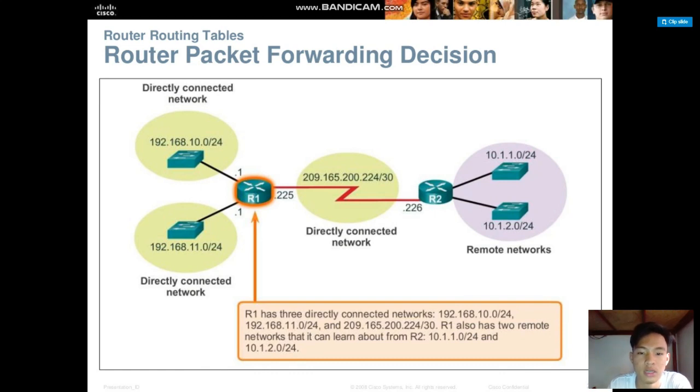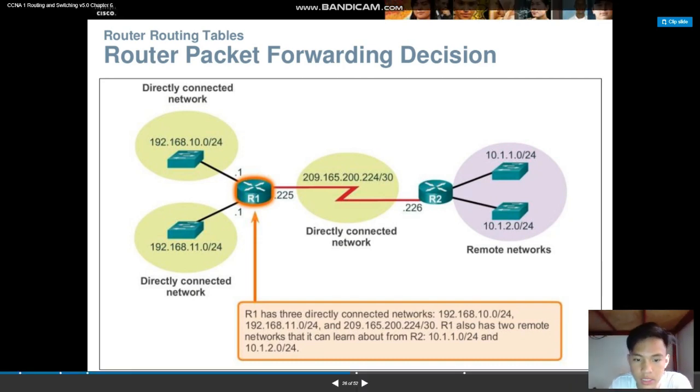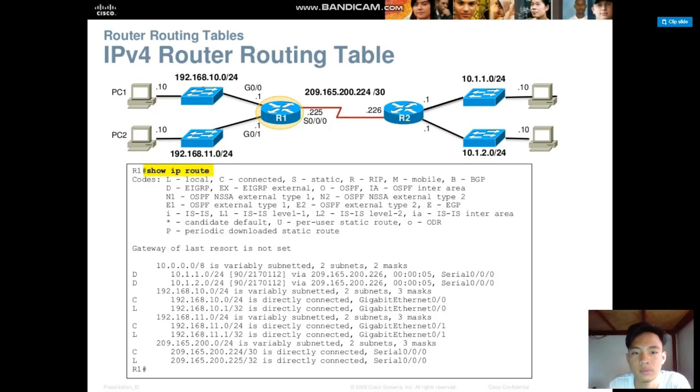Router packet forwarding decision. R1 has 3 directly connected networks, and R1 also has 2 remote networks that it can learn about from R2, such as 10.1.2.0/24. So, the IPv4 router routing table.